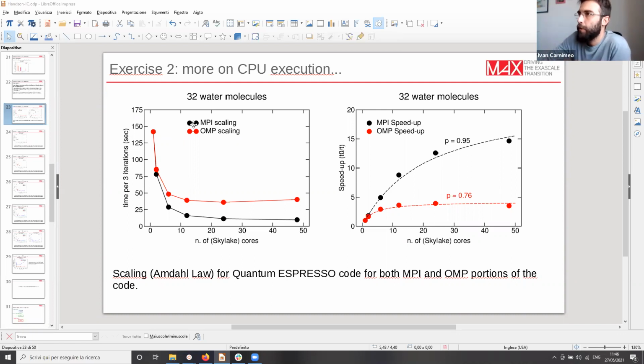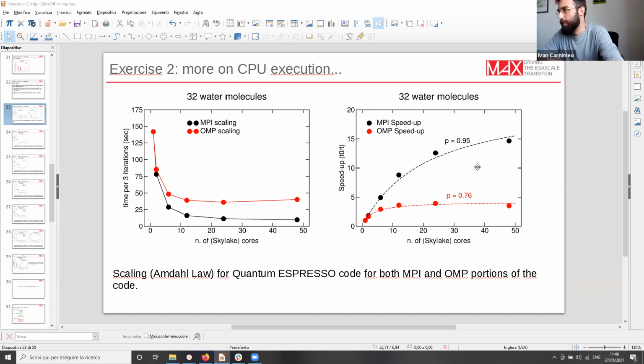And for this reason, you see here that MPI scaling is more efficient than OpenMP. Pietro told you about Amdahl's law, and here I tried to fit this data with Amdahl's law.